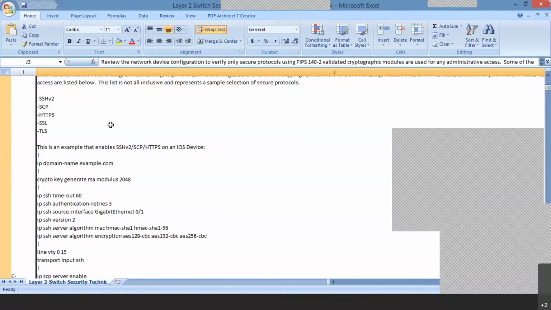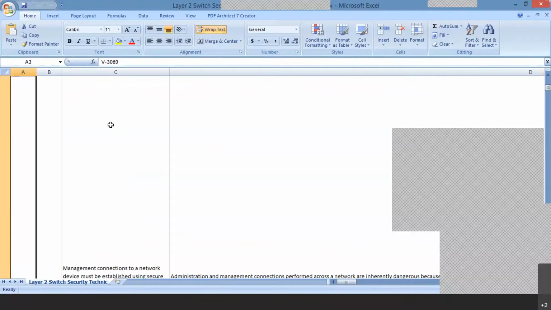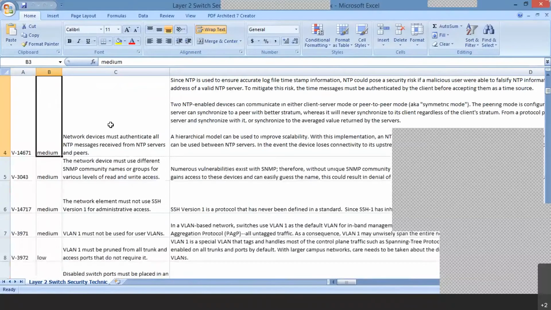And on which line we are giving it, suppose VTY 0 to 15. That means I'm giving VTY interface access on these lines. So these are some of the default settings which you have to enable for hardening your network devices, right?